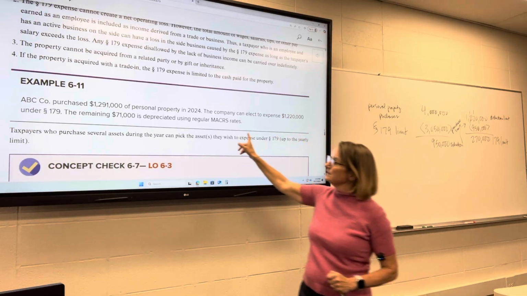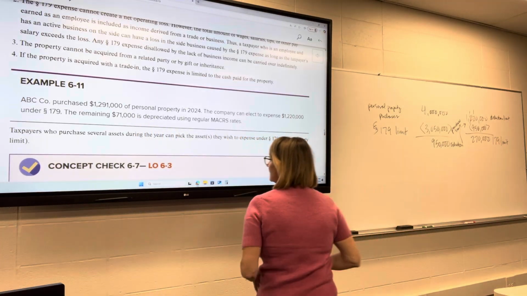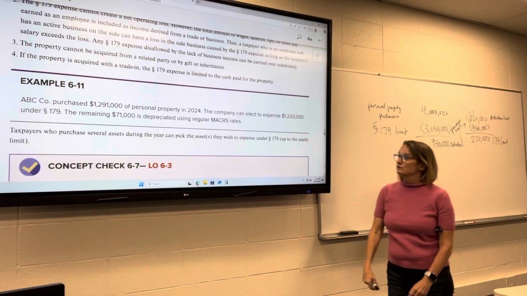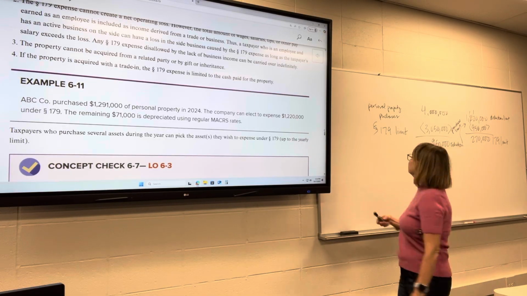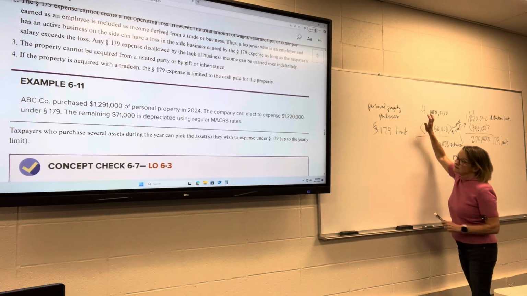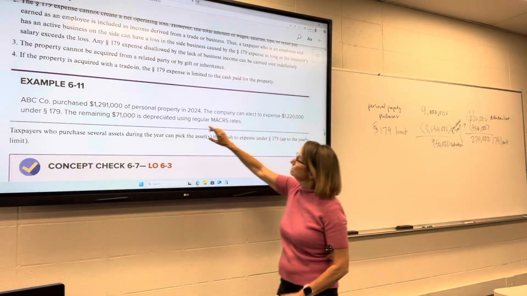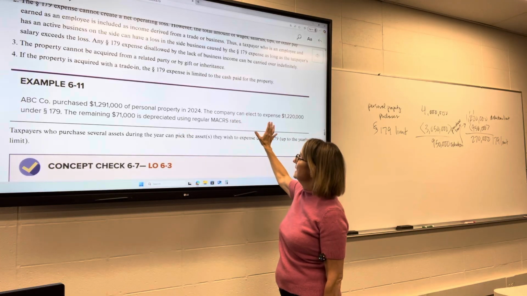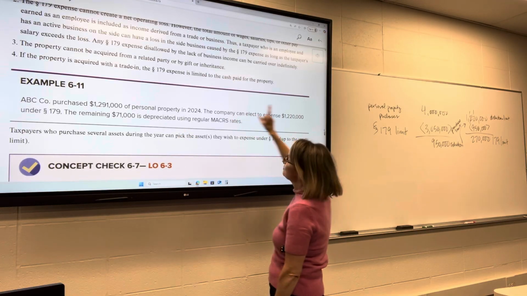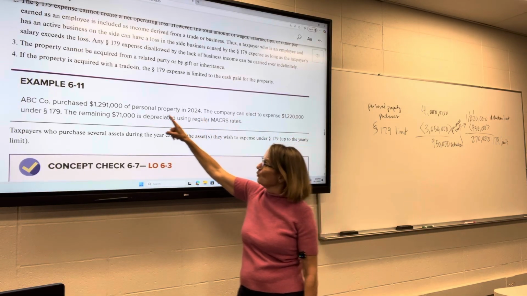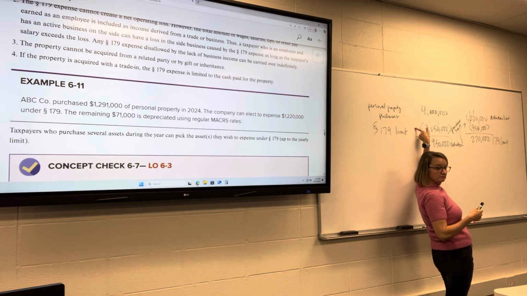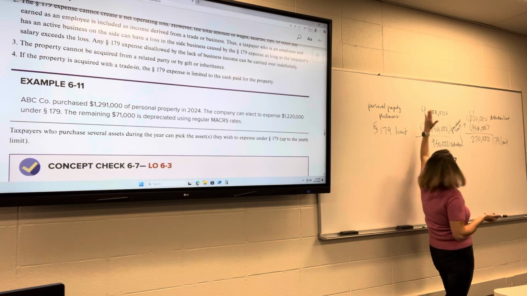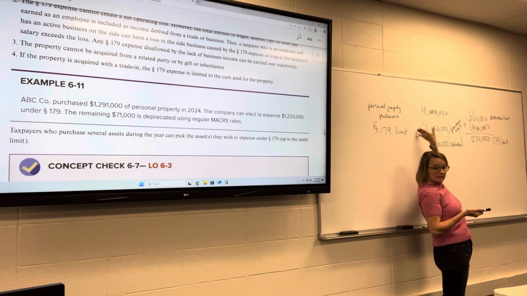So here is an example. ABC Company purchased $1,291,000 of total personal property in 2024. The total personal property that they purchased, $1.29 million, is well below this $3,050,000. So they don't have to do this first part of the calculation.